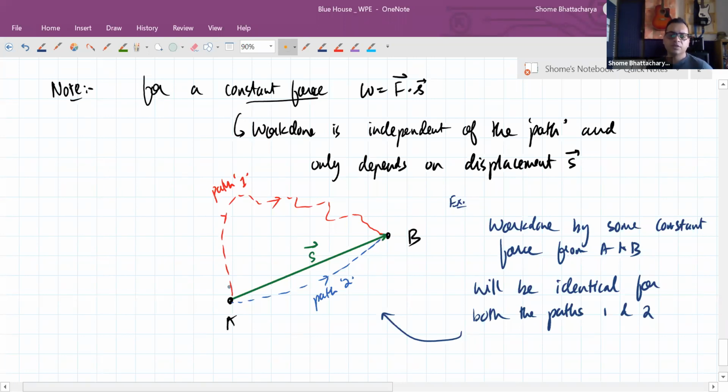So even though it is coming from the definition of path integration, it is independent of path. It only depends on the displacement in the case of constant force. In the case of variable force, we still have to discuss more about whether the work done is path independent or not.